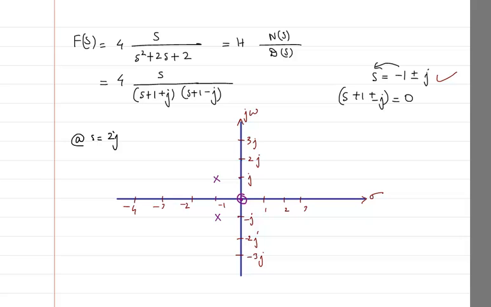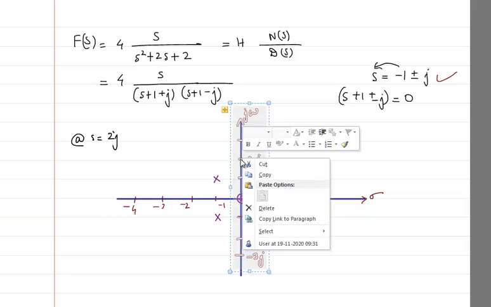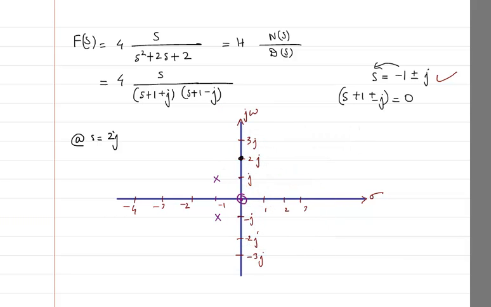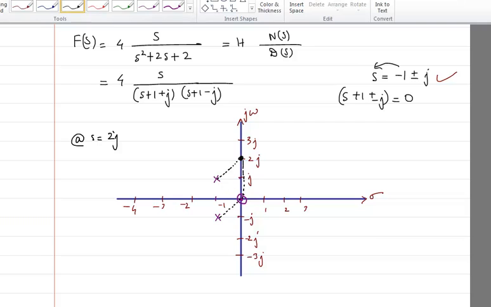So here let me draw it as a bold point. So this is 2j, and from every pole and zero I will draw a line. Sorry, this is a mistake.